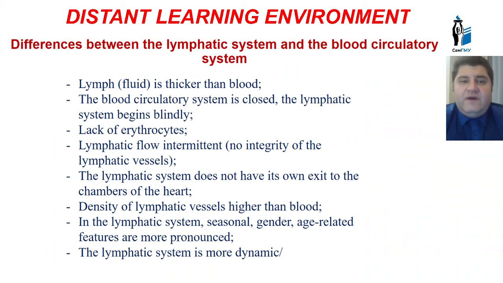There is a lack of erythrocytes in lymph, and lymphatic flow is intermittent. There is no integrity of the lymphatic vessels: a lymphatic vessel finishes at a lymphatic node, and a new lymphatic vessel starts from this node. It's called the efferent vessel, or vas efferens, from the lymphatic node.